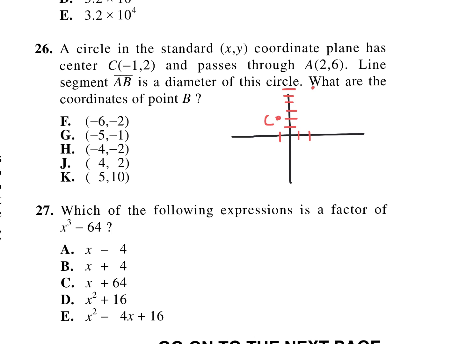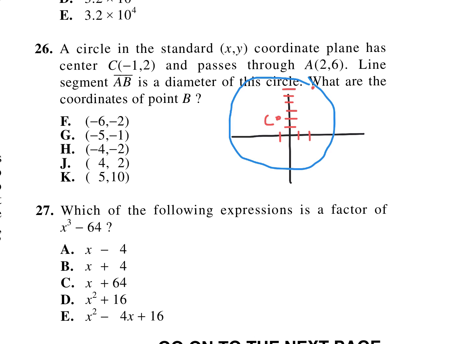Everybody kind of follow what I just did? You could do that on your test. I'm going to freehand this one just to draw a circle as best I can. I'm going to try to keep it even all the way around. It's not the best, but it's not horrible.